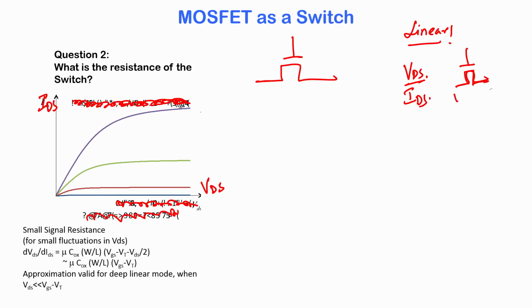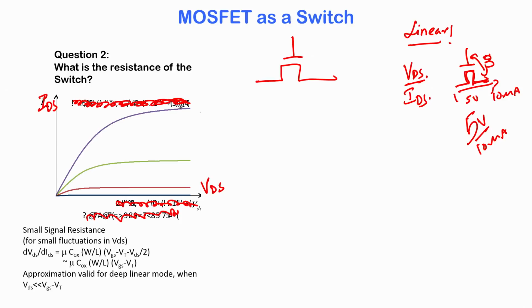Say you have a VDS of 5 volts, and a VGS of 3 volts, so the MOSFET is in saturation, and there is a current of 10 microamps. So the MOSFET has a VDS by IDS of 5 volts by 10 microamps. You could say that effectively that is the resistance of the MOSFET.